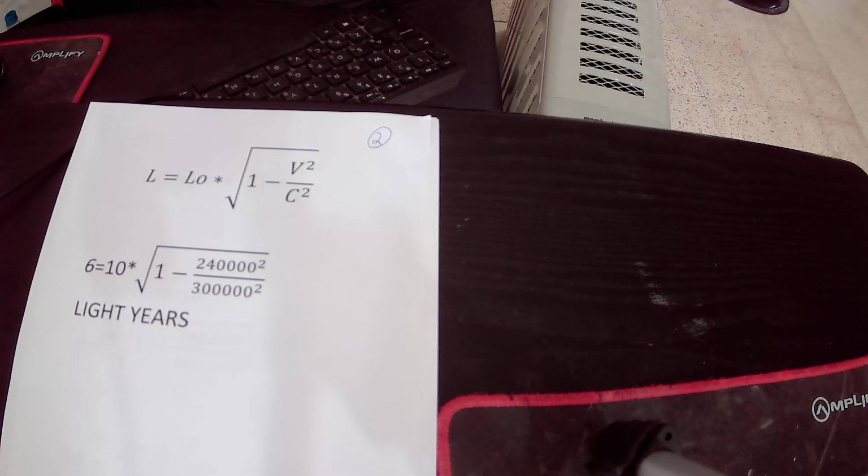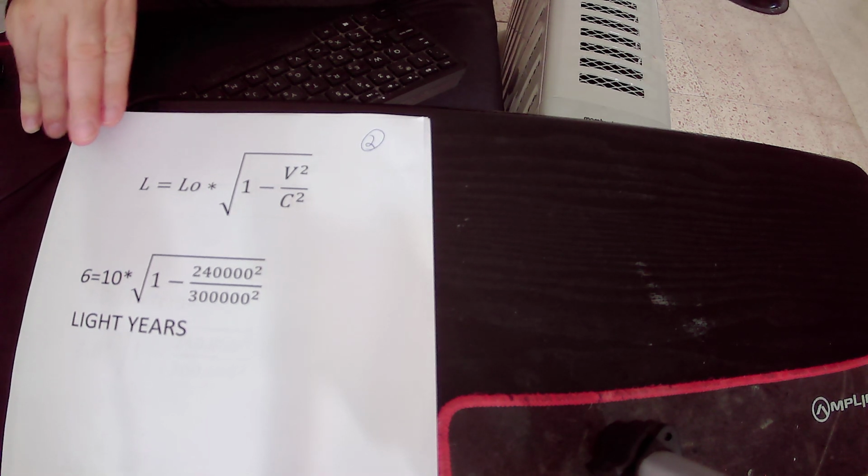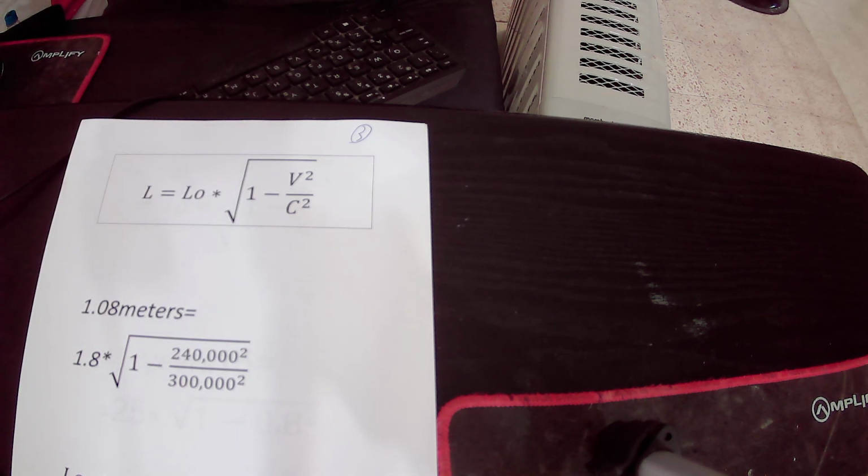Okay, but in addition to that, the height of the man in the spaceship also shrinks, and if on Earth his height is 1.8 meters, then from the point of view of the twin brother who remains on Earth, the height of the twin brother in the spacecraft shrinks to only 1.08 meters.